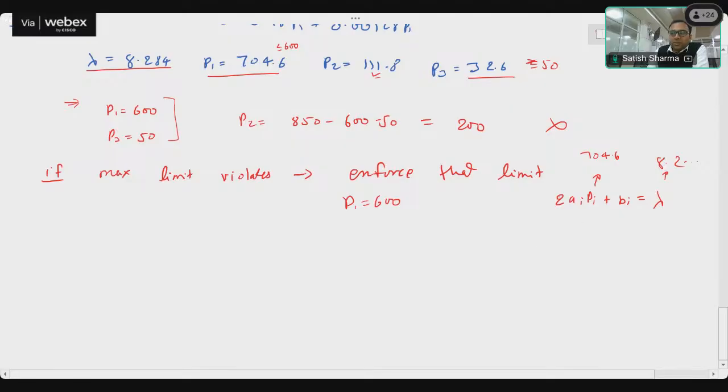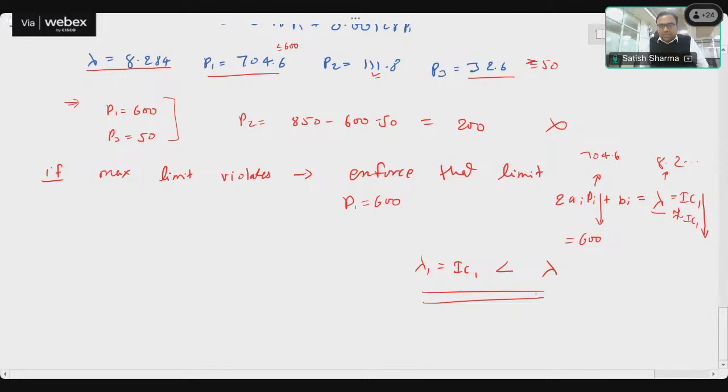If I reduce this particular P and make it equal to 600, it means the incremental cost, this lambda is also the incremental cost of the first generator, so this will also reduce. Now this lambda is not equal to the incremental cost of the one. So lambda 1, or the incremental cost of the first generator, will be lesser than the current lambda. It is producing less, so its incremental cost should be less.